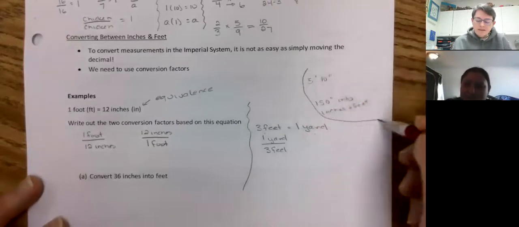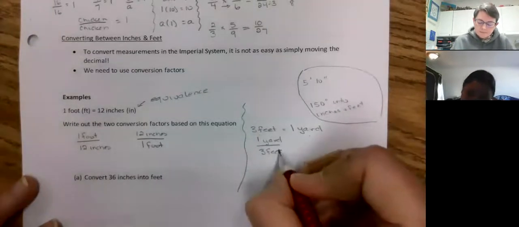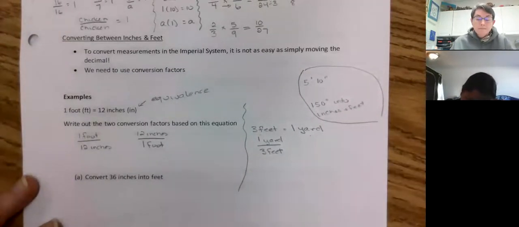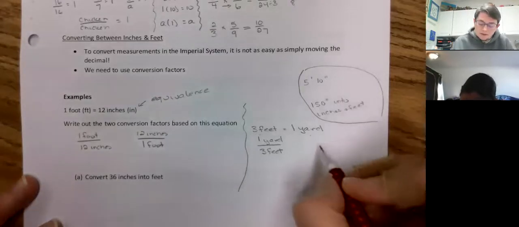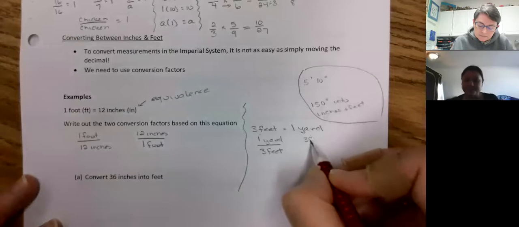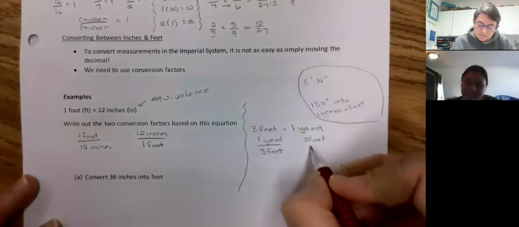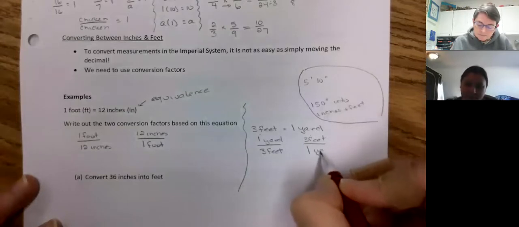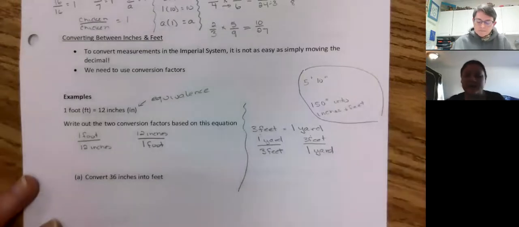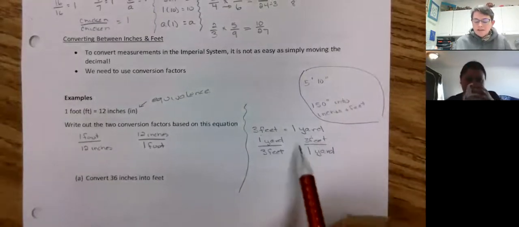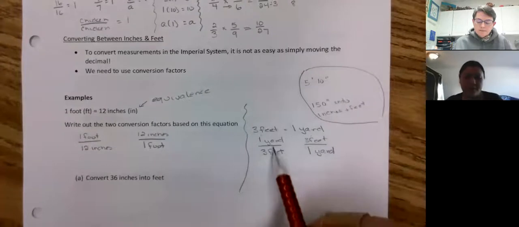I think you're overthinking. This has nothing to do with it. So what's the other one? All you do is turn it upside down. So for every equation, or equivalence, you get 2 of those.